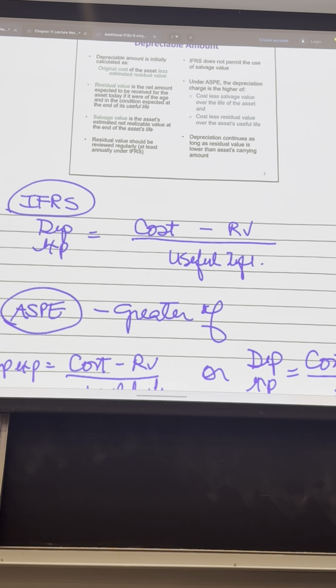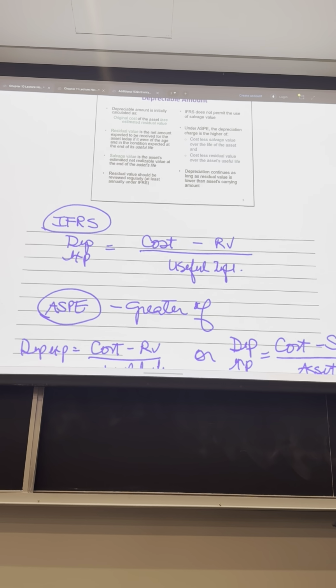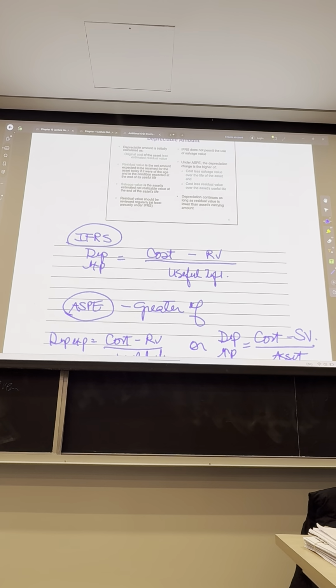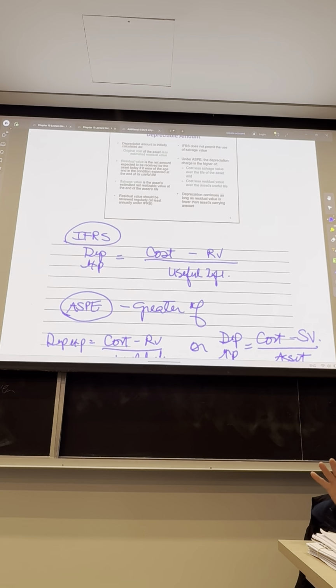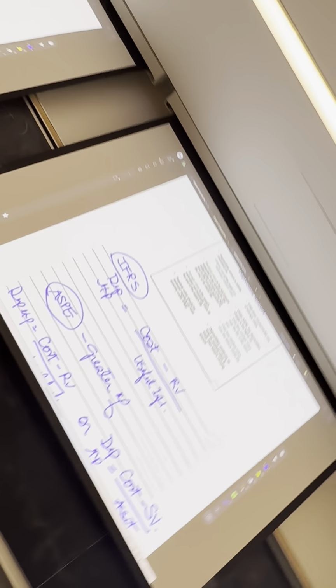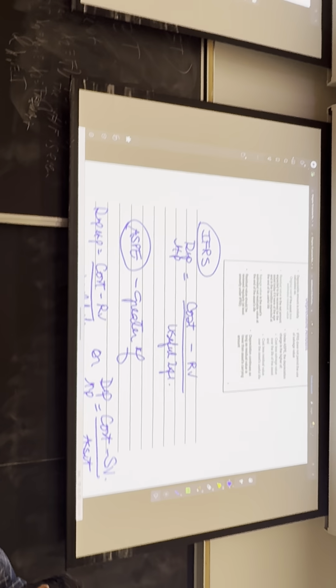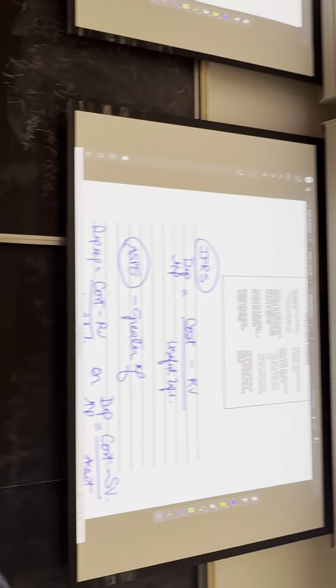So for a truck, even though I'm only going to use it for 5 years, the truck's asset life is probably around 12 years. You could argue with me it's 15. You can argue that if it's a Honda truck, then it's going to be longer. Whatever it is, all the arguments are valid, but the point is, it's going to be the greater of these two numbers, the higher of the two.